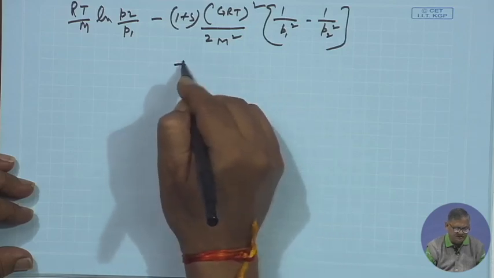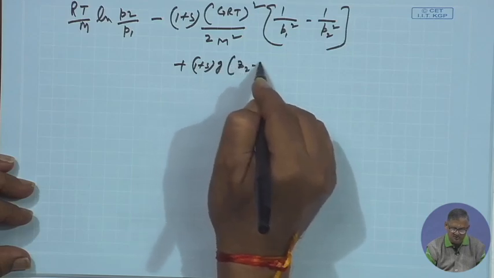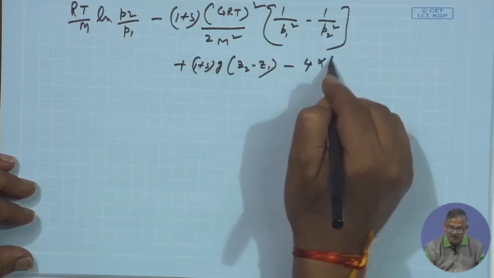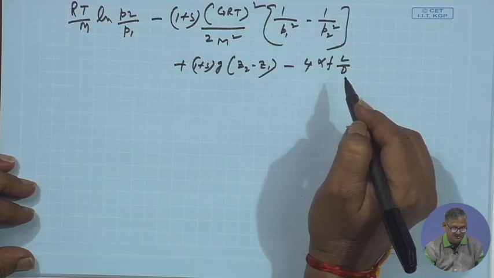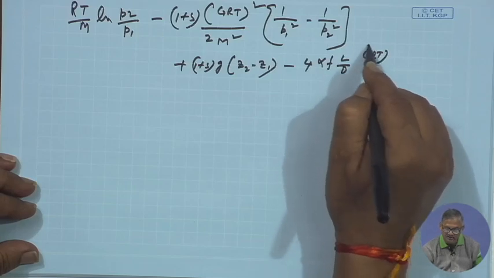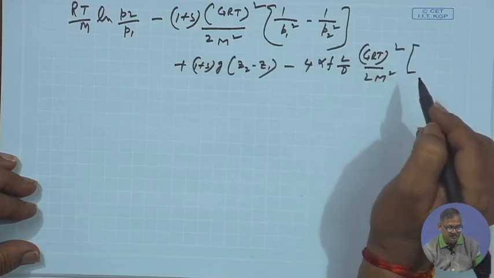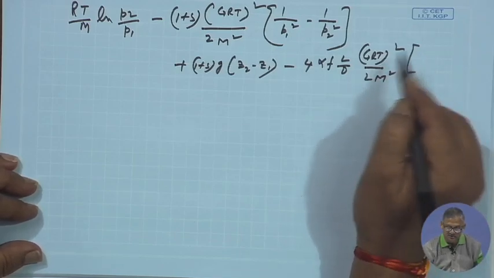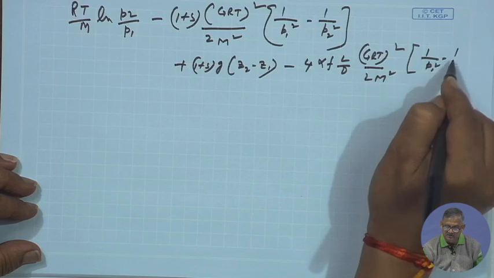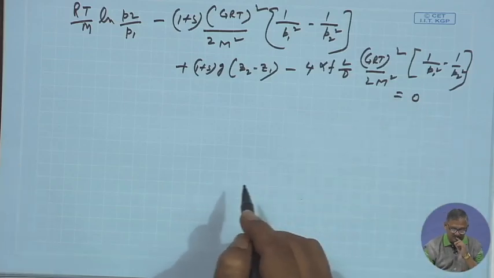This plus 1 plus S times G into Z2 minus Z1, minus 4 alpha F L by D times GRT squared by 2M squared. Again, we can rewrite V dV earlier in place of dP, so that can be 1 by P1 squared minus 1 by P2 squared, right. This is equal to 0.